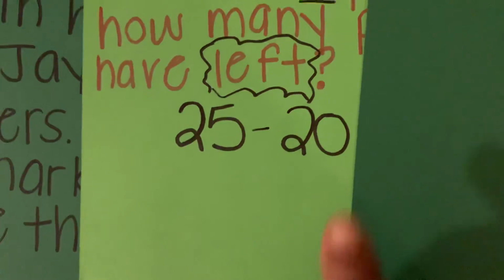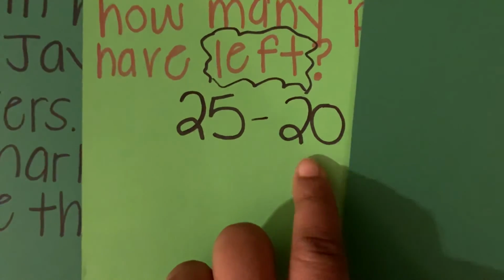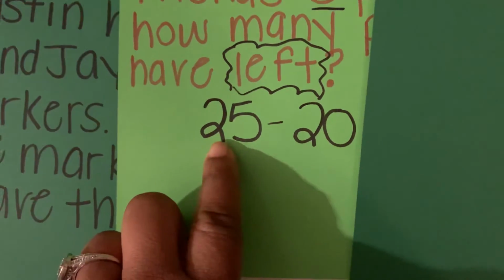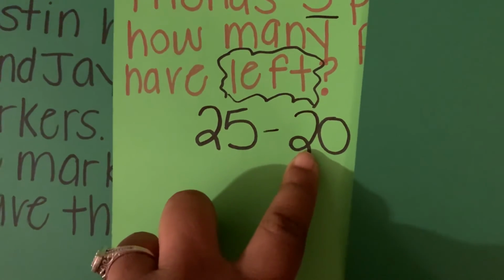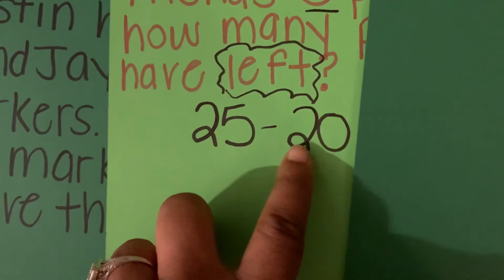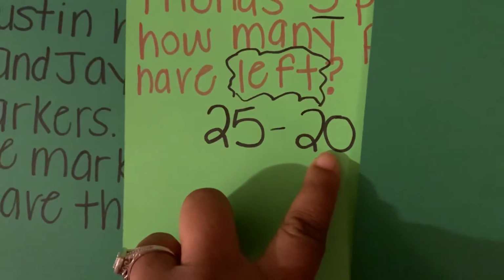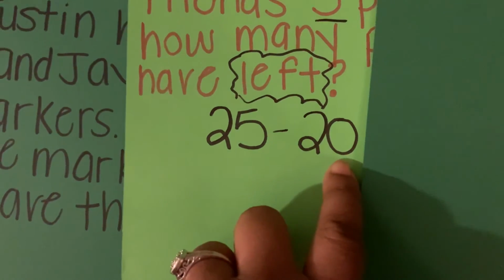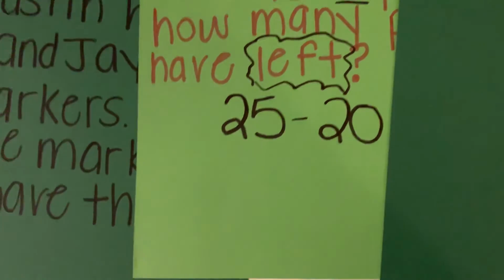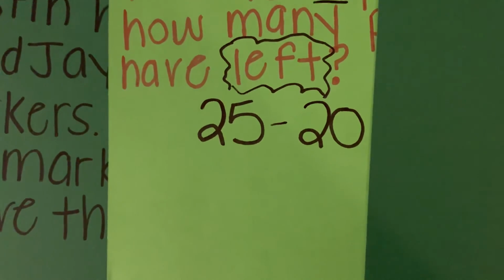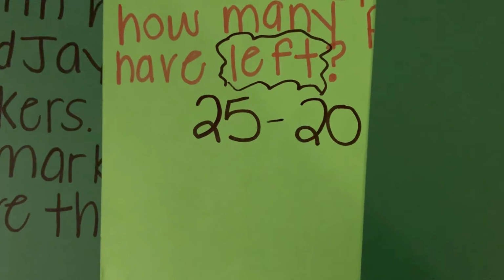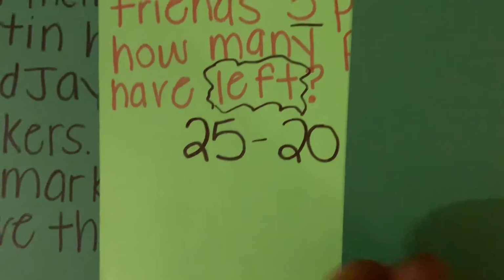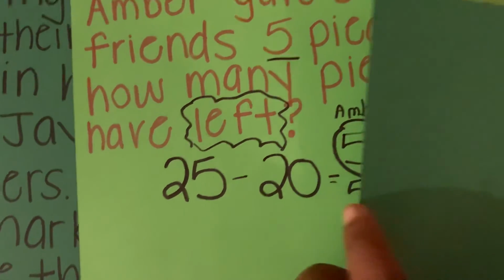And we're going to take away the amount that she gave her friends. So we have 25 minus 20. So if we take 20 away from 25, how many will we have left? That's right, guys. We will have 5 left.